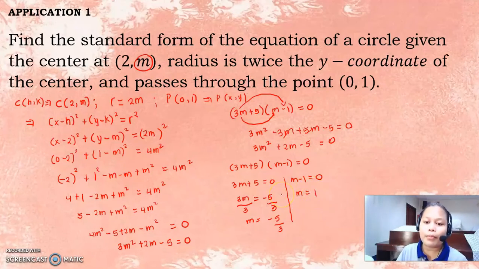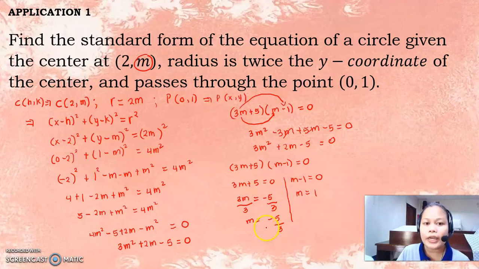So always remember that the radius here tells us the distance. So radius is the distance, and we know that distance is always positive. So given here your m is equal to negative 5 over 3, we are going to eliminate this one since it will give us a radius that is negative.